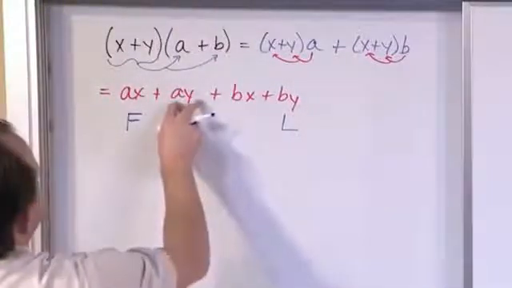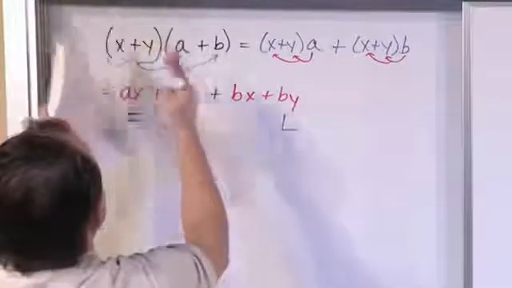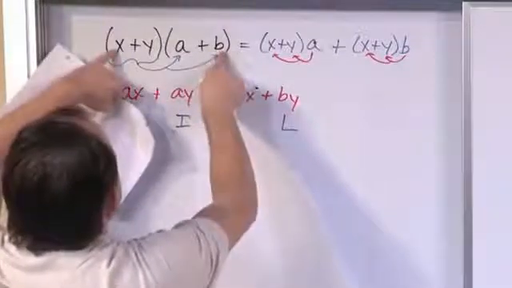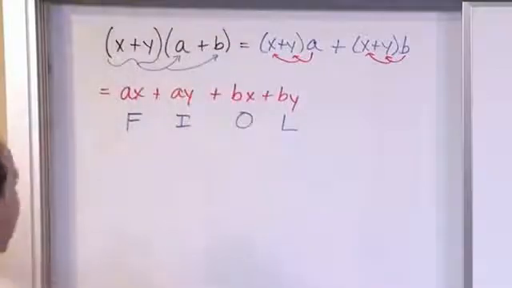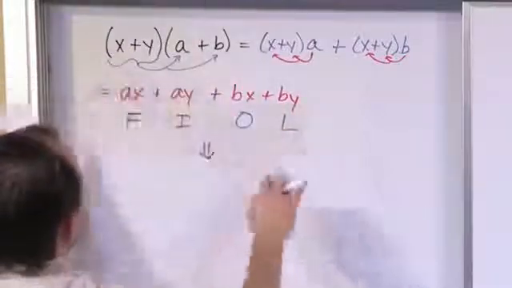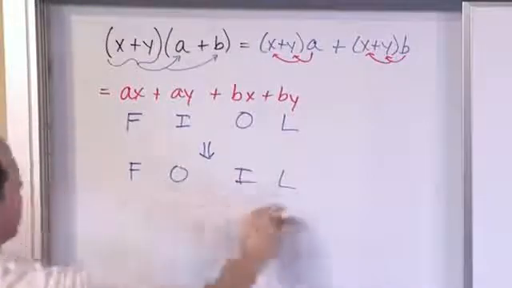And over here, a times y, these are what we call the inside terms because they're close together on the inside. And these right here, the b and the x, these are the outside terms because they're far apart. So you have FIOL. And because everything's added together, you can rearrange these terms, and what you get is FOIL.